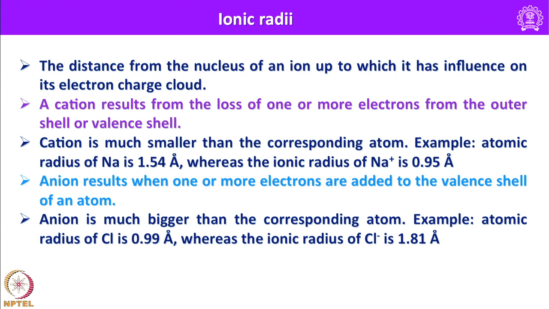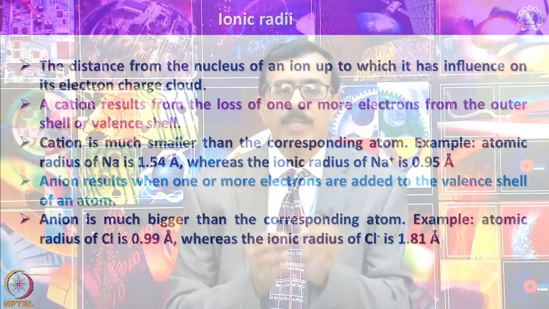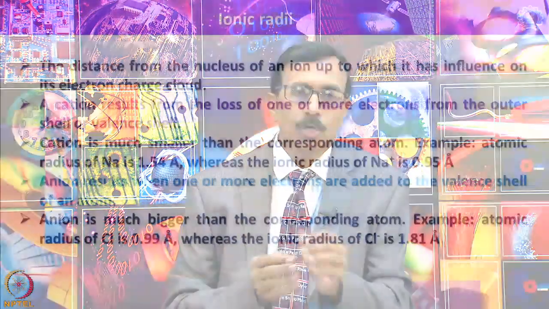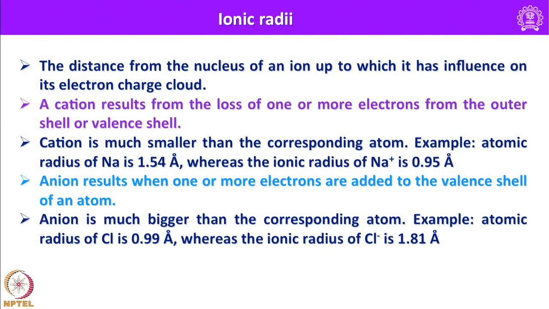And when we talk about an anion, it results when one or more electrons are added to the valence shell of an atom. An anion is much bigger than the corresponding atom. You can see clearly in the case of chlorine, the atomic radius of chlorine is 0.99 angstrom units, whereas the ionic radius of the chloride ion is 1.81 angstrom unit.